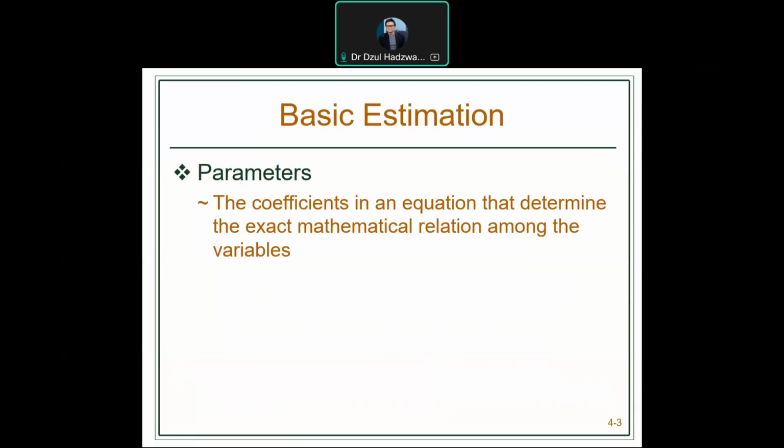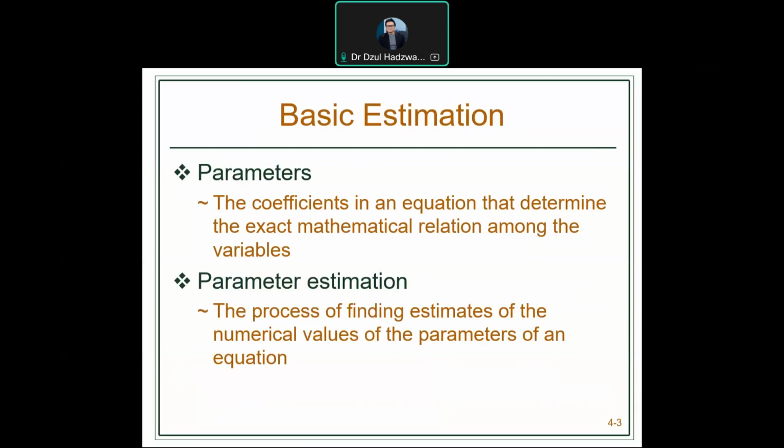The coefficient is an equation that determines the exact mathematical relation among the variables. In simple language, we can describe the parameter as all about the magnitude. The magnitude here is the value that we normally use to measure how strong the relationship is between two variables that we want to explore.